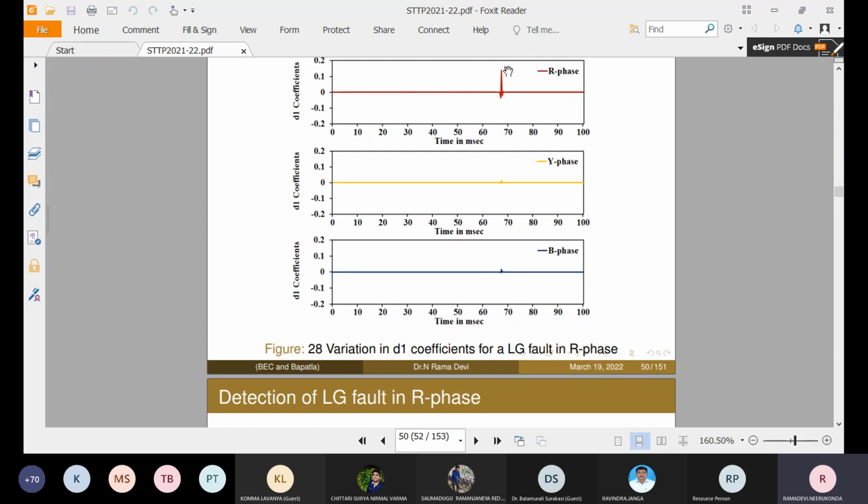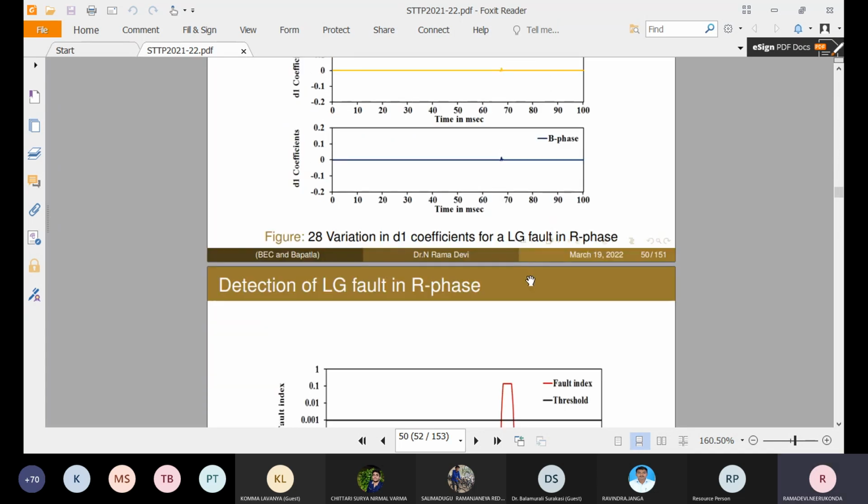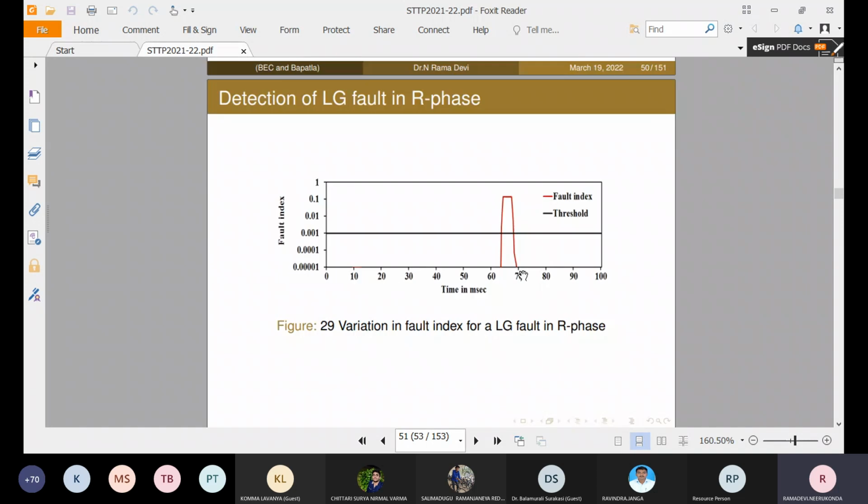The magnitude of the detail level coefficients of R phase is very high when compared with Y and B. Based on this magnitude value, we can distinguish the few-turn faults from the line to ground fault. Here the fault index value also crosses the threshold, and the fault is identified.